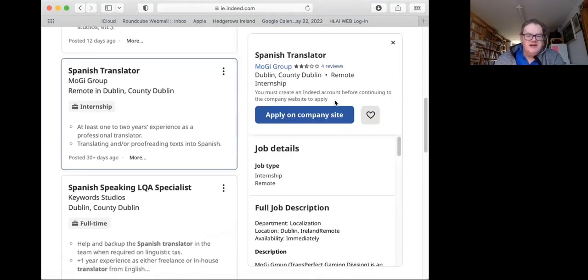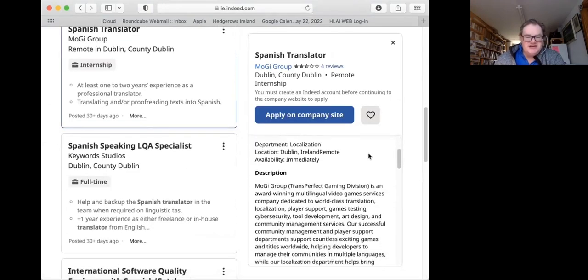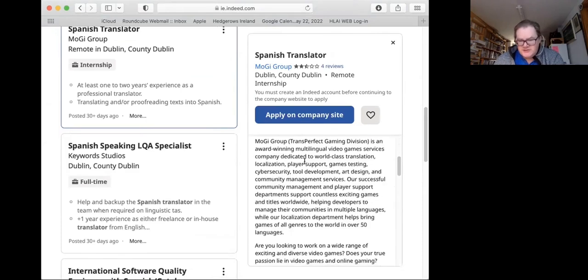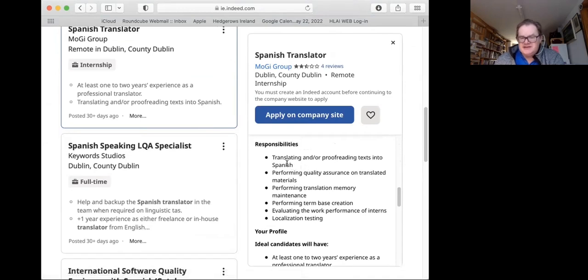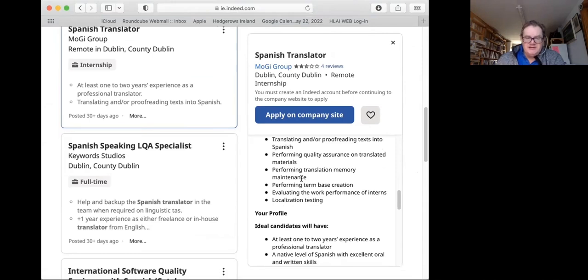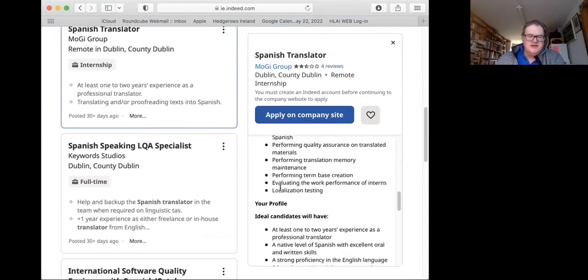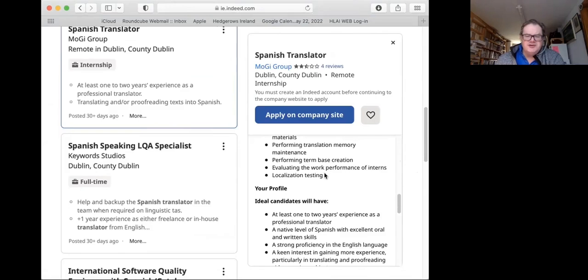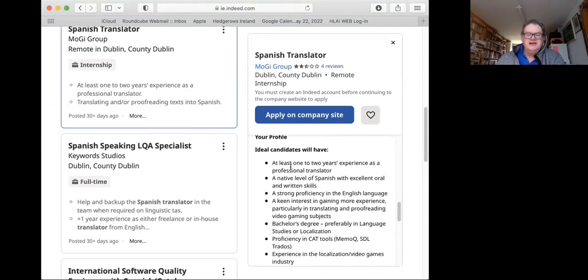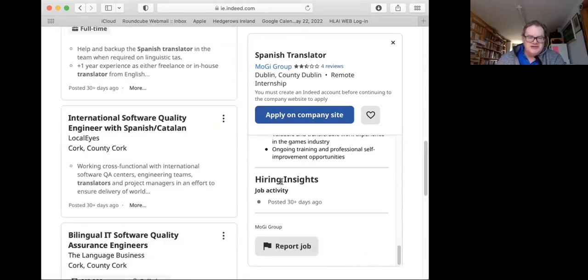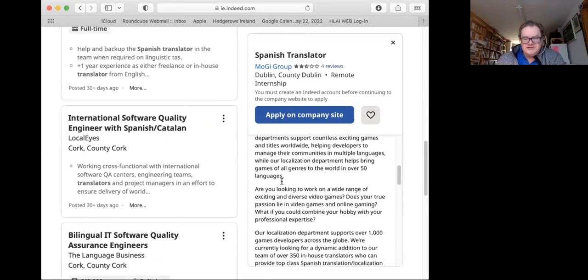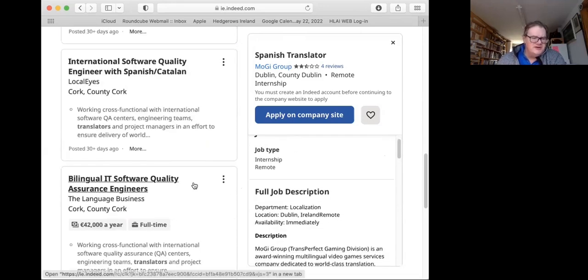Here's what we see: some information on the job description about the organization, responsibilities to be able to translate and proofread text into Spanish, quality assurance, translation memory maintenance, I don't know what that is, evaluating the work performance of interns, localization. Ideally, the candidate would have at least 1 to 2 years experience as a translator, a native level of Spanish with excellent oral and written skills, etc. So it's not massive, but it's a reasonable job description.